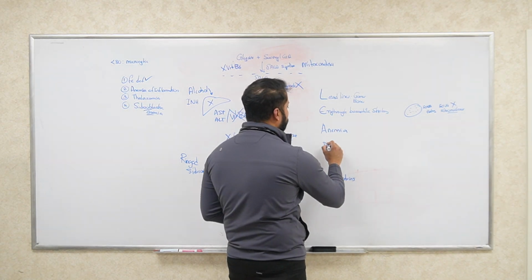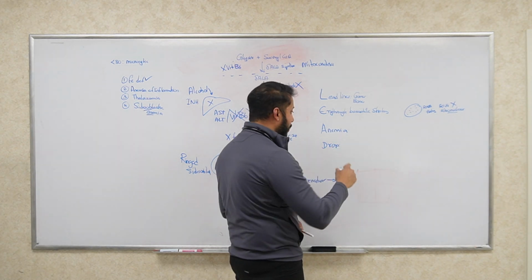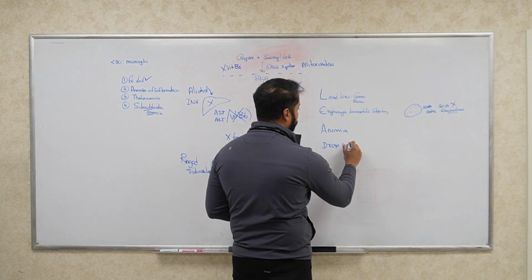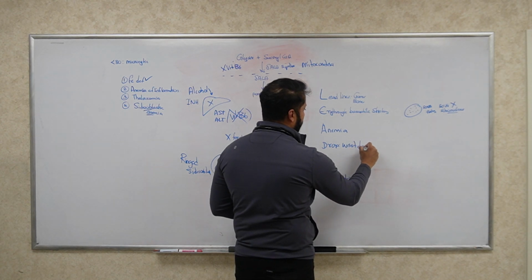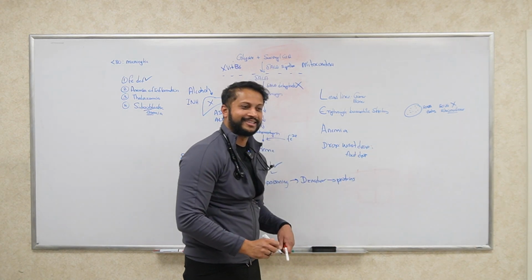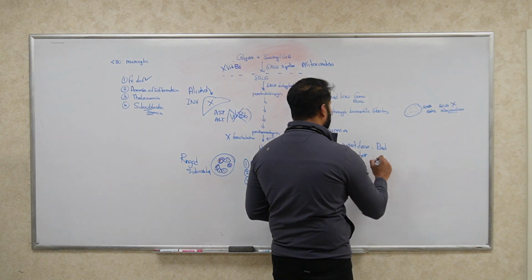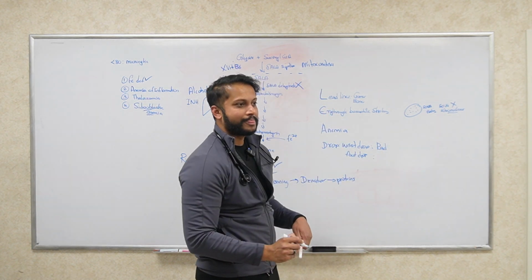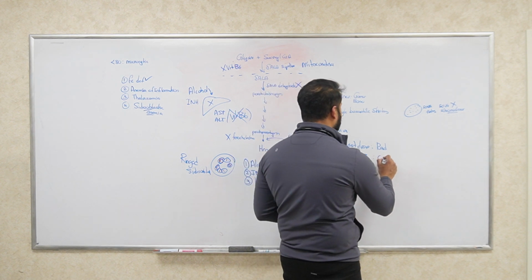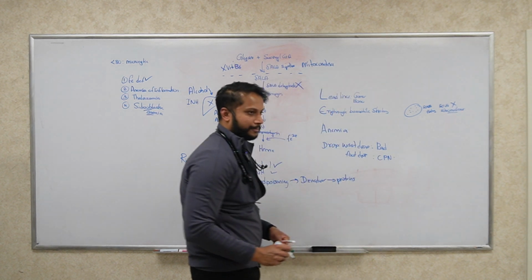A is for anemia, which we've already spoken about, right? And D is for drops. It can actually cause neurotoxicity, so you can have wrist drop and foot drop. What nerve do you need to drop to get wrist drop? Radial nerve. Good. What nerve do you need to drop to get foot drop? Common peroneal nerve. Good. How do you treat lead poisoning?